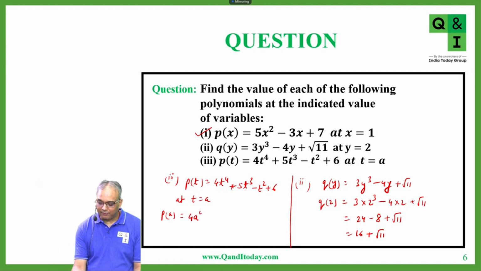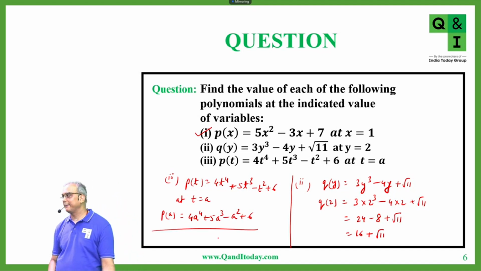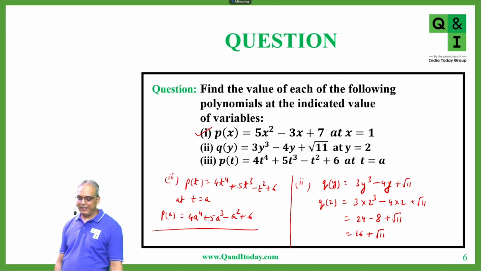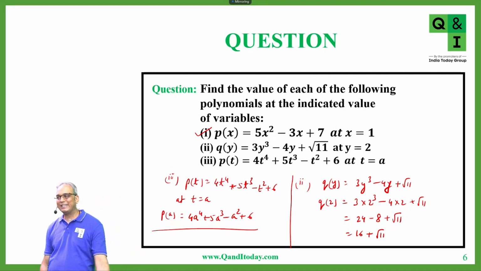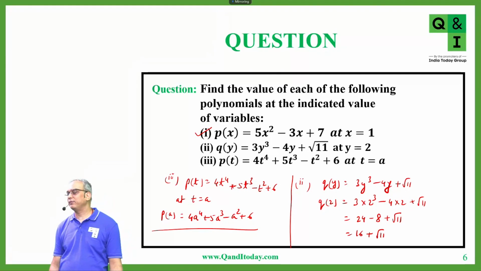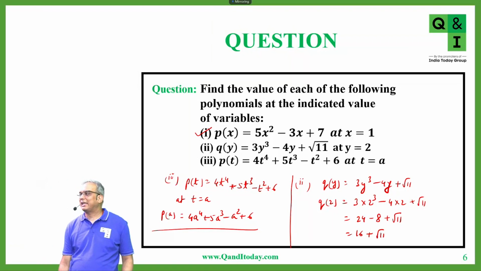So this will become 4a to the power 4 plus 5a cube minus a square plus 6. This is P of a. Yes, Anay, correct. We have to just replace all the t's with a. So that will give you P of a. Is it clear? Shall we go ahead?